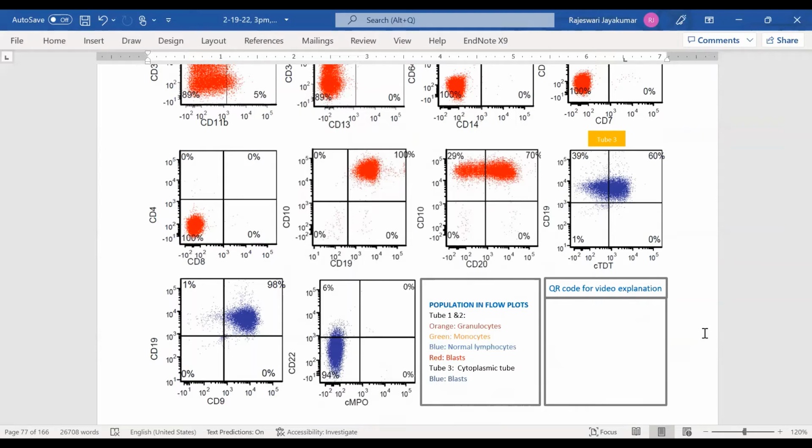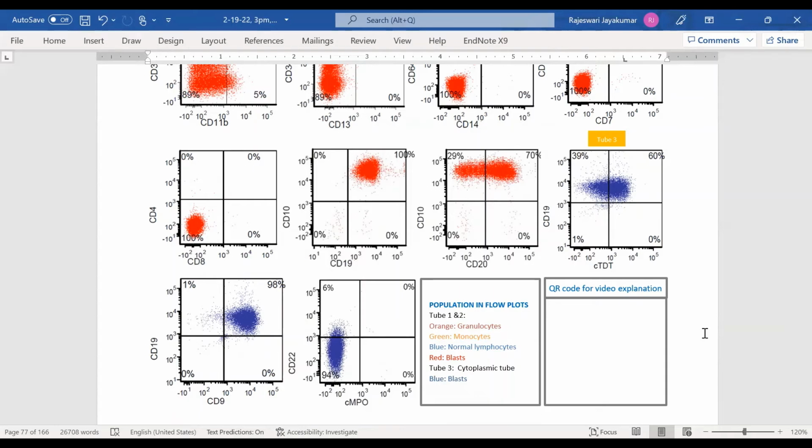CD22 and CD19 are also therapeutically important because we now have antibodies to them that are used for treatment. For example, we use blinatumomab, an anti-CD19 antibody, in therapy of especially relapsed refractory B-ALLs and also in MRD.